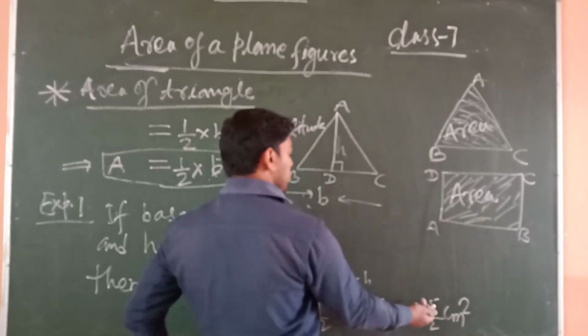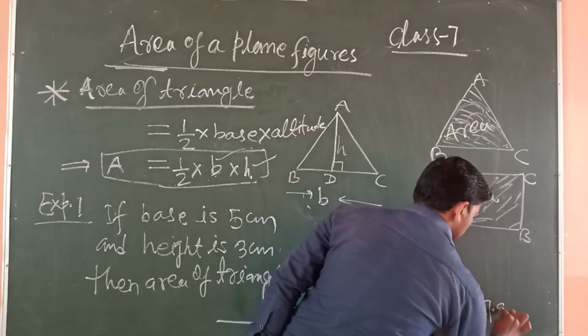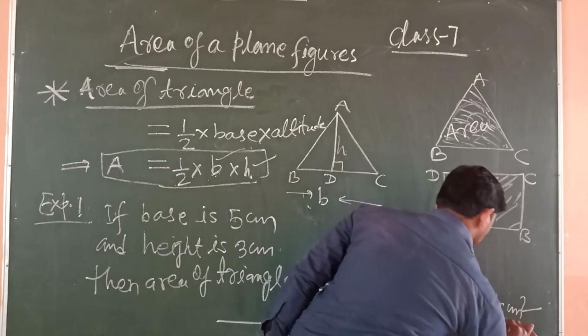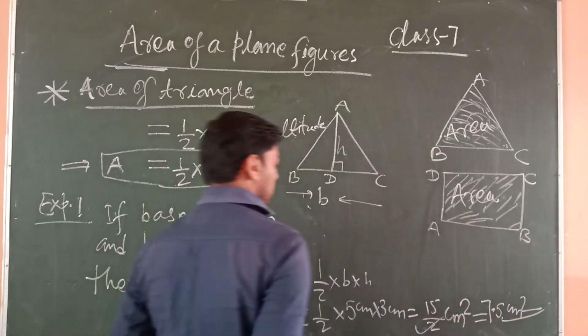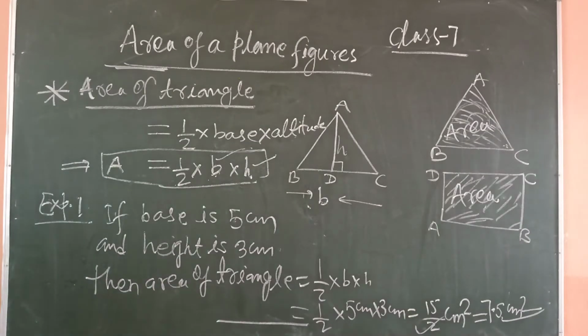You can also divide it: 7.5 cm square. It is also correct. So the area of a triangle is 1/2 into base into height.